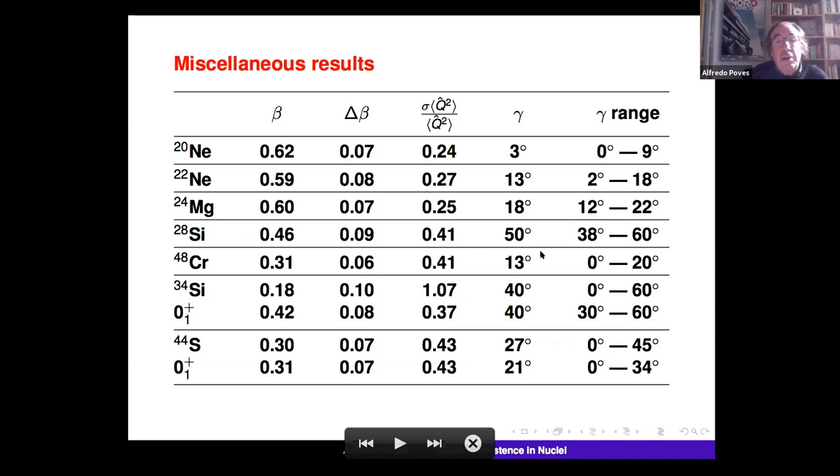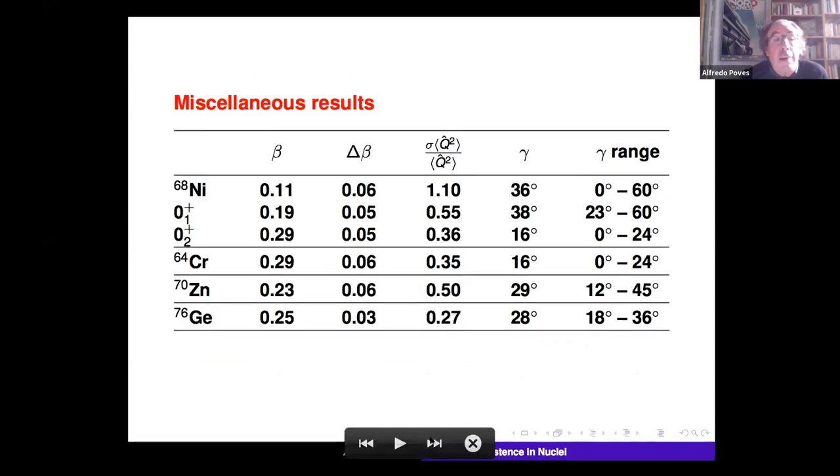But what is more surprising is that the gamma range is of 20 degrees. 20 degrees is almost one half of the sextant of the gamma. Remember that gamma goes, in this convention, from 0 to 60. And I have here a double magic nucleus, which is silicon 34. And then you realize that the delta beta is compatible with beta. First, it is double magic, beta is not 0, and the delta beta is commensurable with the beta, meaning that probably beta makes no sense at all.